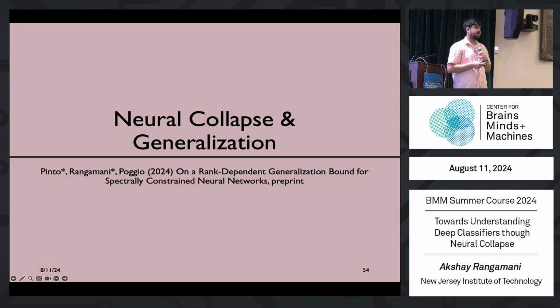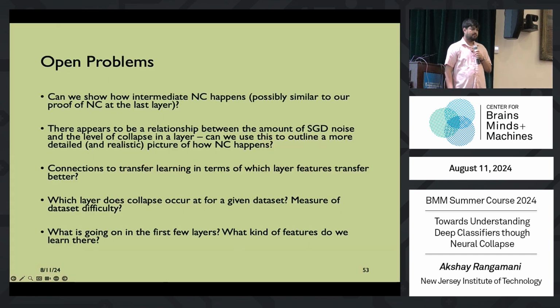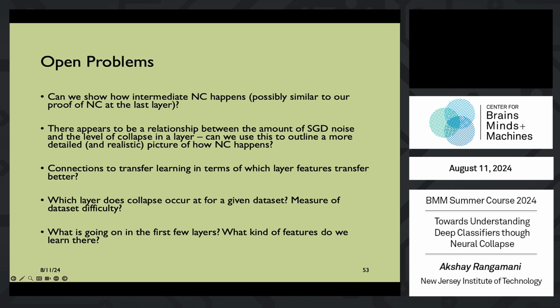I'm going to switch gears a little bit to generalization. Yeah. Do you think that what happens in neural collapse is related to the composition and sparse structure of the function that you're trying to learn? No, not exactly, because neural collapse just characterizes what happens at the classifier part, and hopefully you've already built up a good enough representation before that.